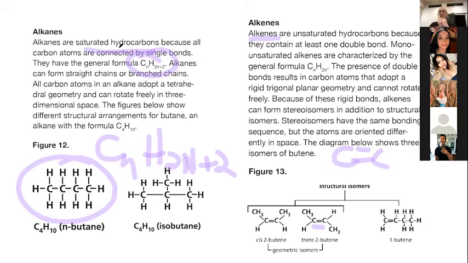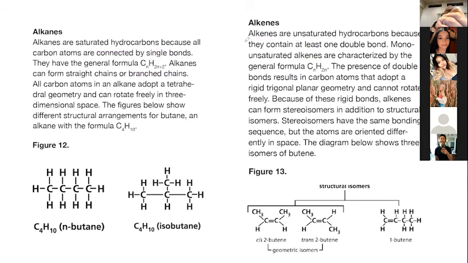Now, the minute you have a double bond between the carbons, basically you lose 2 hydrogens, because where there used to be room for 2 hydrogens, they're now gone. So now our formula is going to be twice as many hydrogens as carbons. So now if I have C10, I know I'm going to have H20. And these are the different shapes they can take.